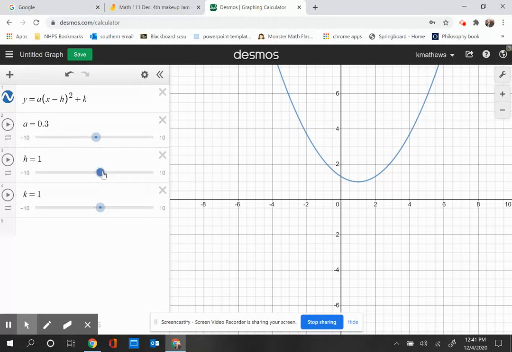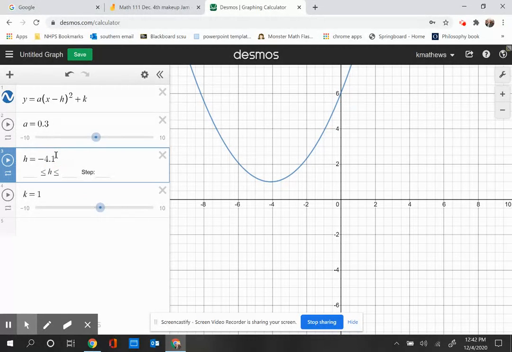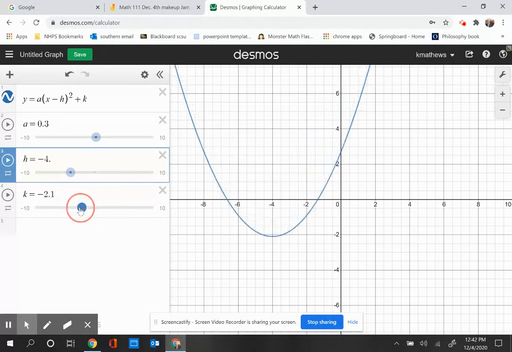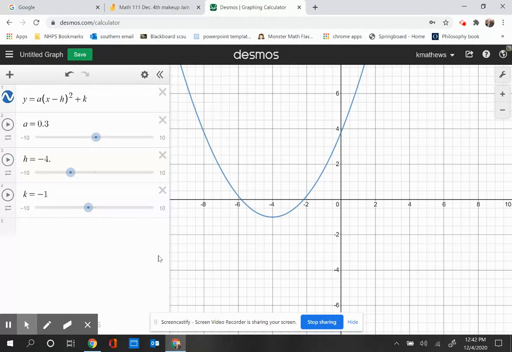How's that? And let's make h go over here to about -4. Let's just get rid of it there. And let's make k around -1. Yeah, I like that one.